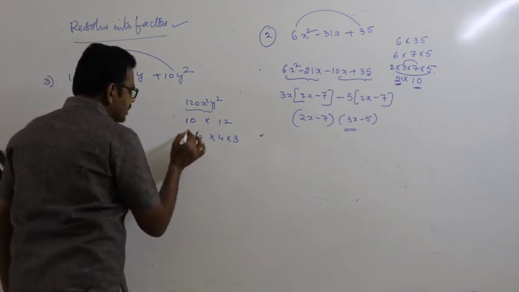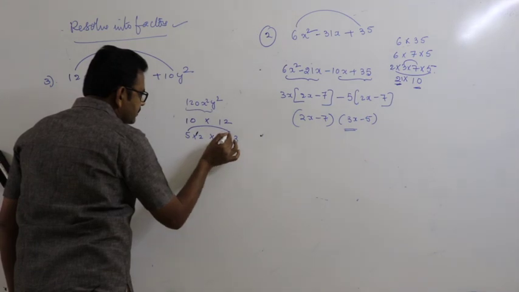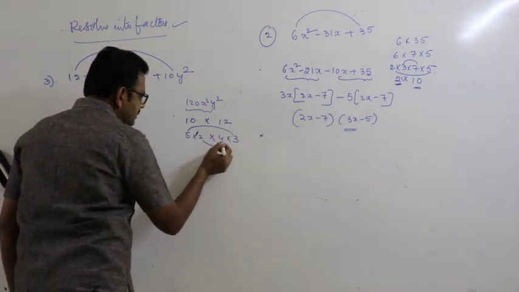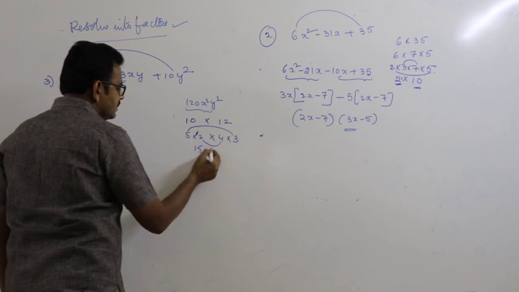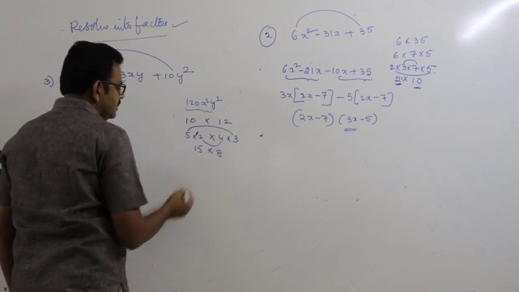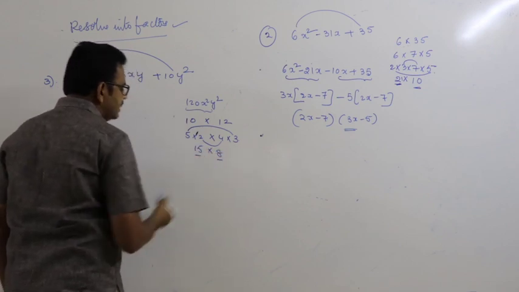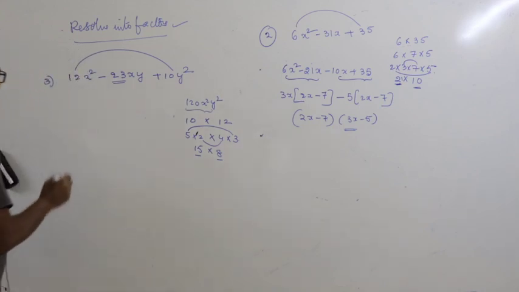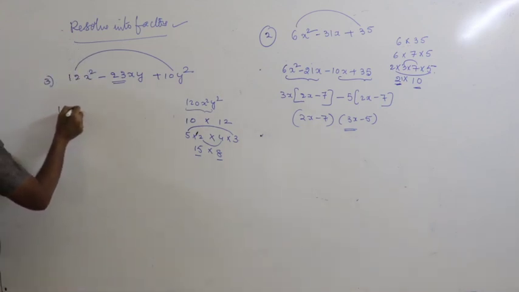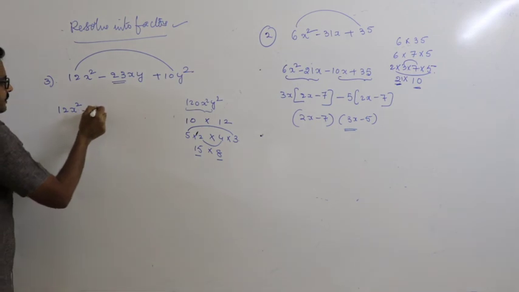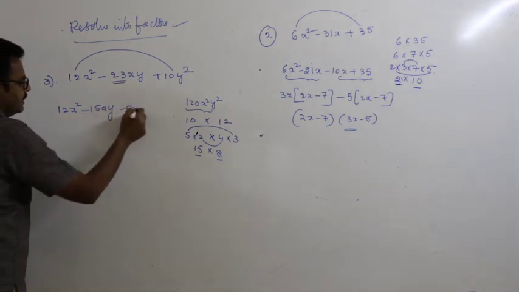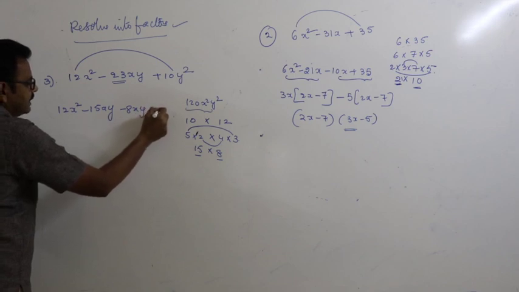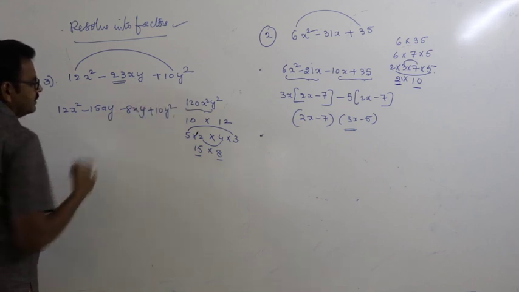Again, the product of this is what? This is 15 and this is 8. So this is 15 into 8, and 15 plus 8 is 23. So this is 12x square minus 15xy minus 8xy plus 10y square.